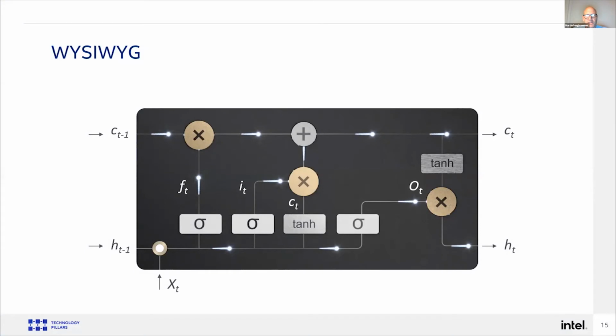So what you see is what you get, if you want, on the FPGA. Here's a node of an RNN. We can map this exactly to the FPGA. You can see there's a number of matrix vector operations and some number of hyperbolic functions. We can set this up so that we get one output per clock after initial latency.